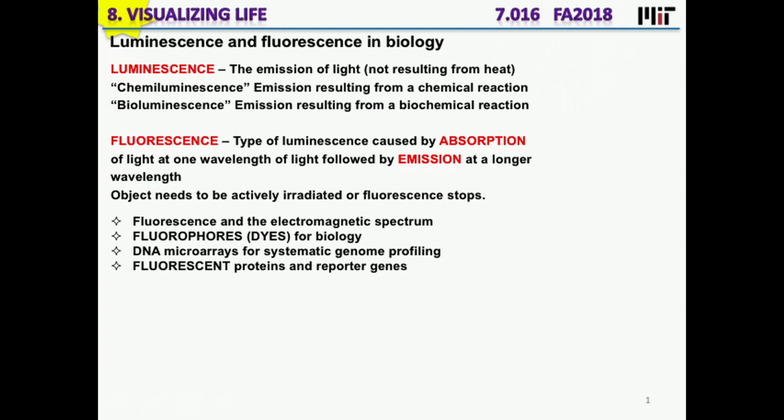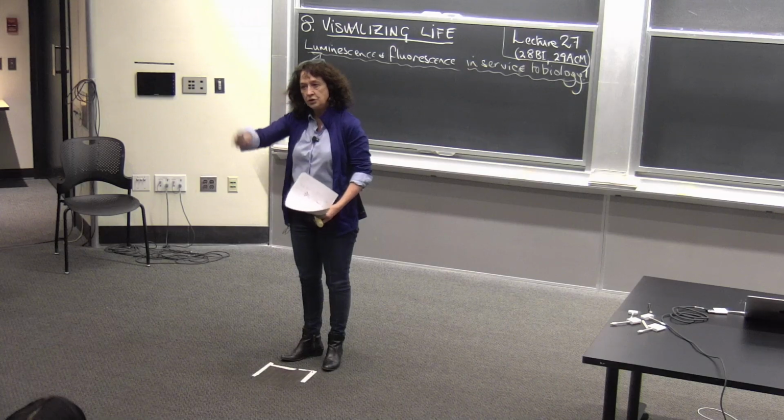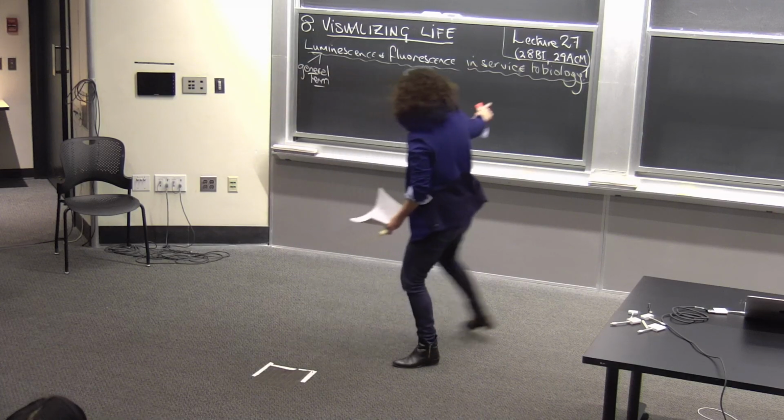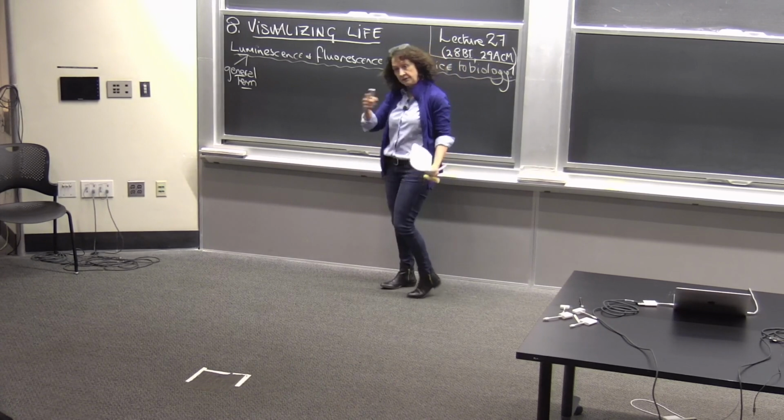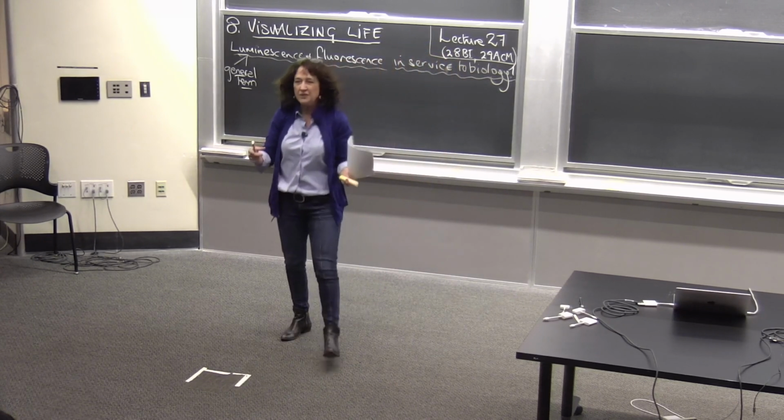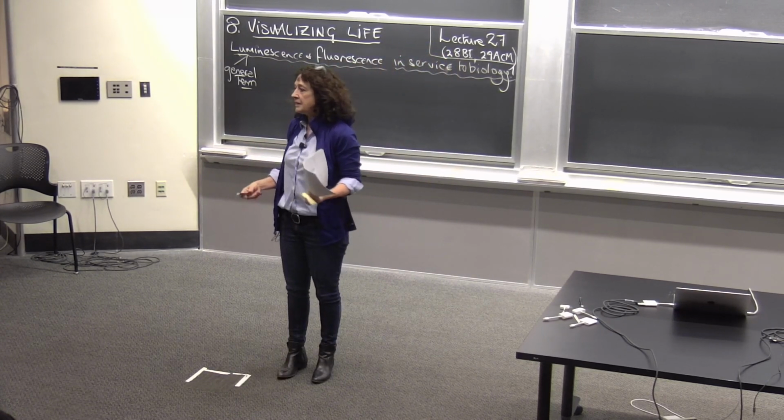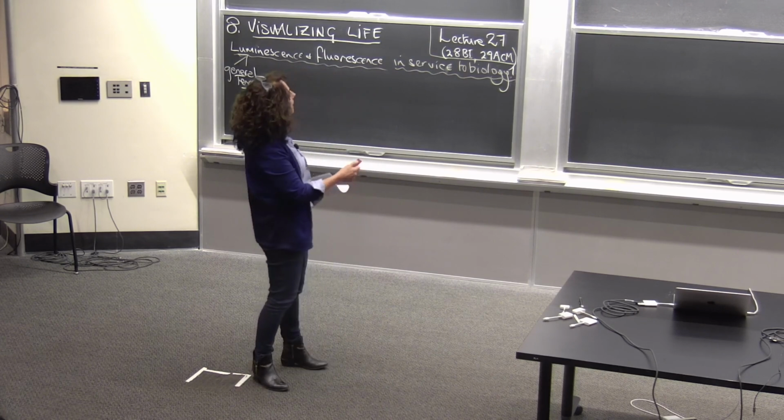And there are different types of luminescence that biologists use intertwined into biological experiments to illuminate life, to understand details of cellular activity, but also as reagents in diagnostics, in all kinds of imaging modalities.